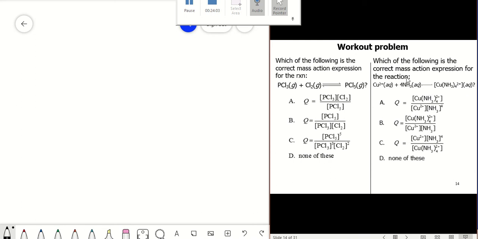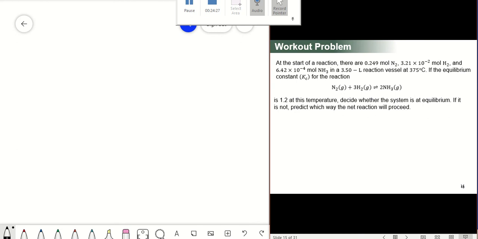What would be Q? Q would again be the product raised to the power of 1 divided by the concentrations of the reactants, which is copper 2 plus to the power of 1 and the concentration of ammonia to the power of 4, right? Do we see an expression like that? Yes. The answer is A. So there we go.